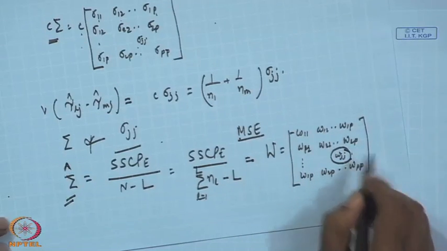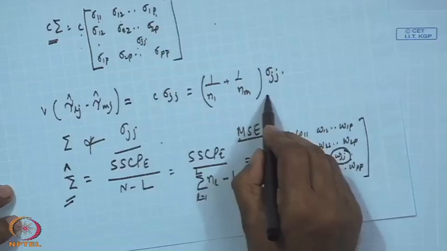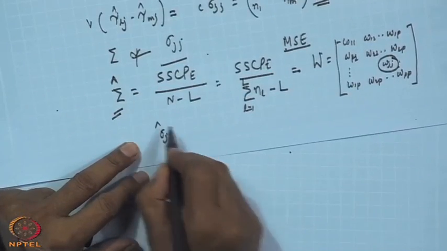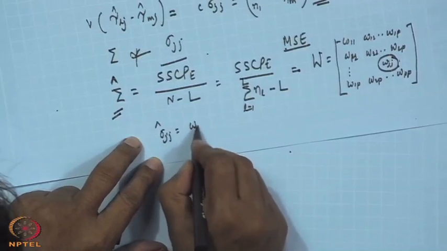This WJJ will be the estimate of sigma JJ, so sigma JJ cap equals WJJ.